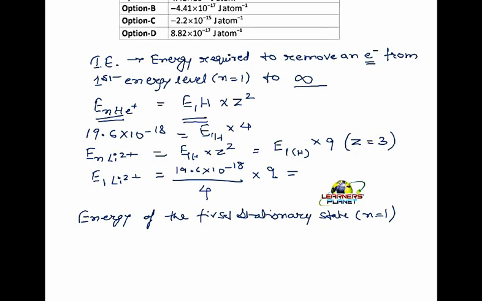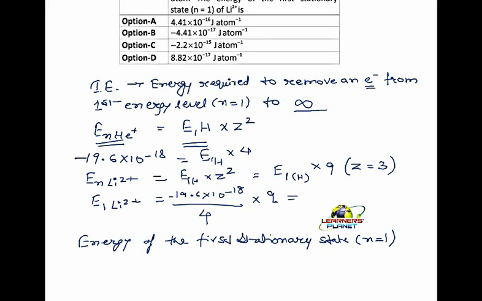So I can make it 20, this should be 5, and 5 nines is approximately 45, right? And energy of first state, it always comes in negative, right? So it should be approximately, what should be the answer?